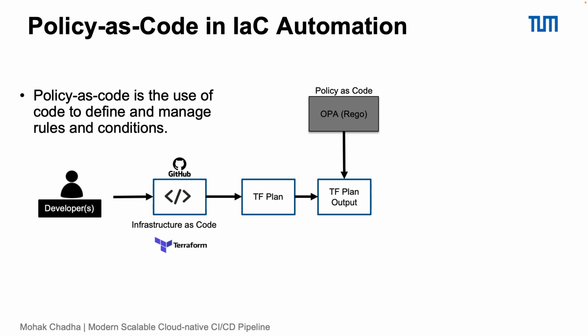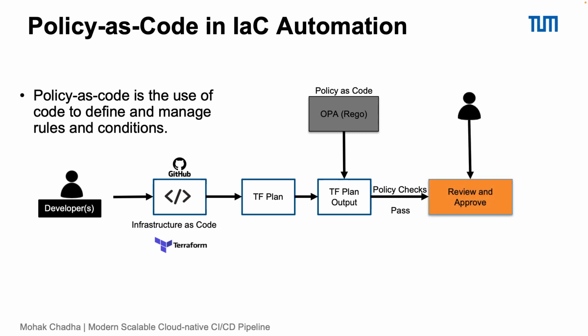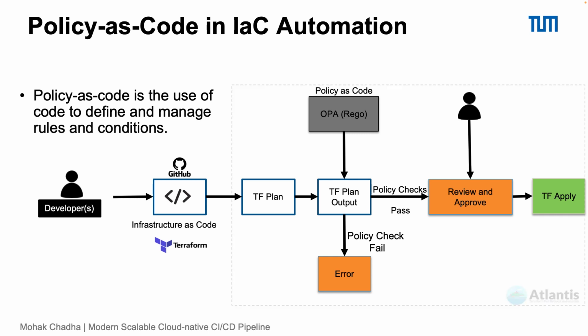So OPA allows you to write policies using a language called Rego, which are evaluated on the generated TF plan output. So if the policy check passes, then it is forwarded to the admin to review and approve, and then it is automatically applied. And if it fails, then the plan is not available for reviewing.